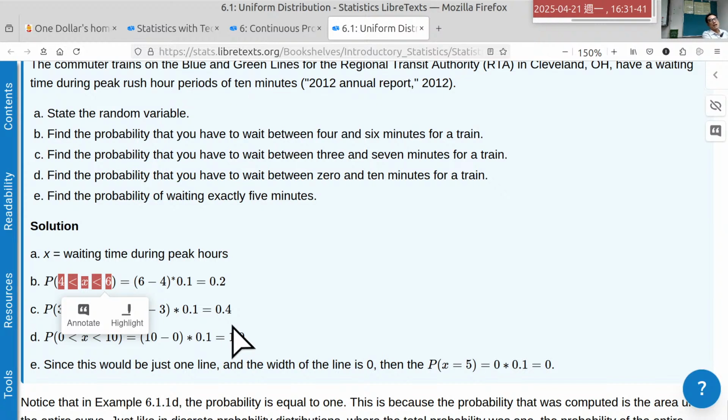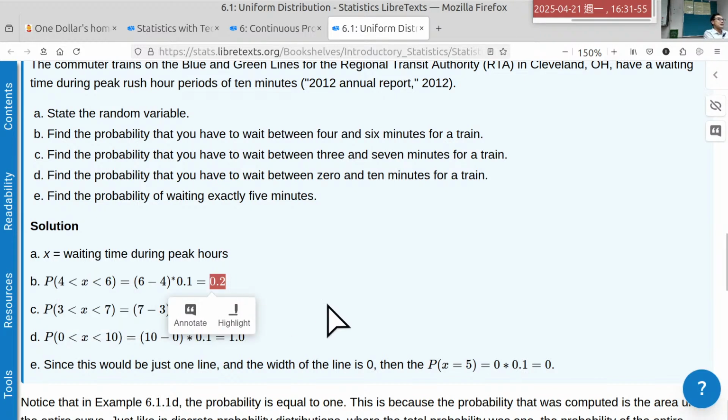The rectangle area is the width multiplied by the height. 6 minus 4 is 2, and 2 times 0.1 is 0.2. The probability is 0.2.